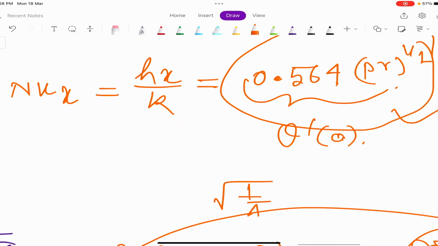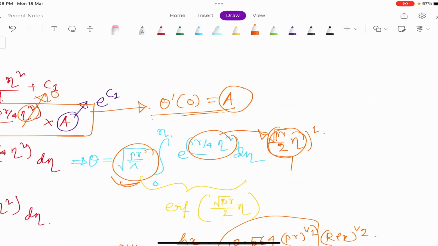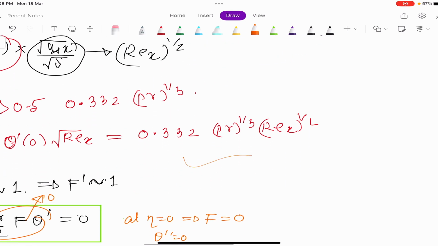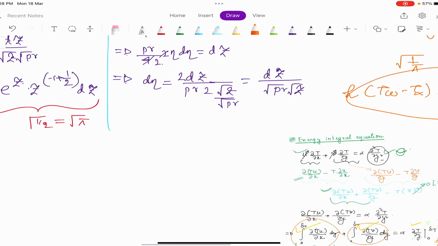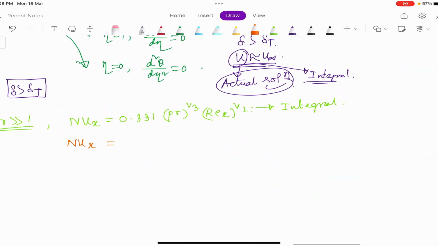I have forgotten that. So this is 0.332, right? Yes, this one. So you see that we got here 0.331, a very accurate solution compared to the exact 0.332, but we have avoided the complexities of the similarity solution. So this was the power of the momentum integral method.